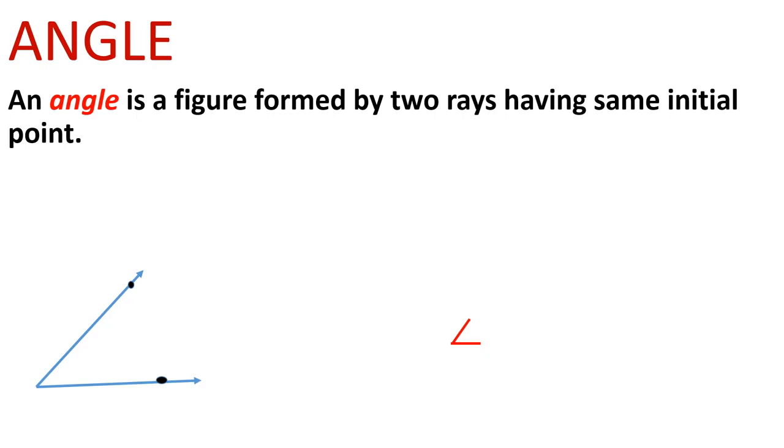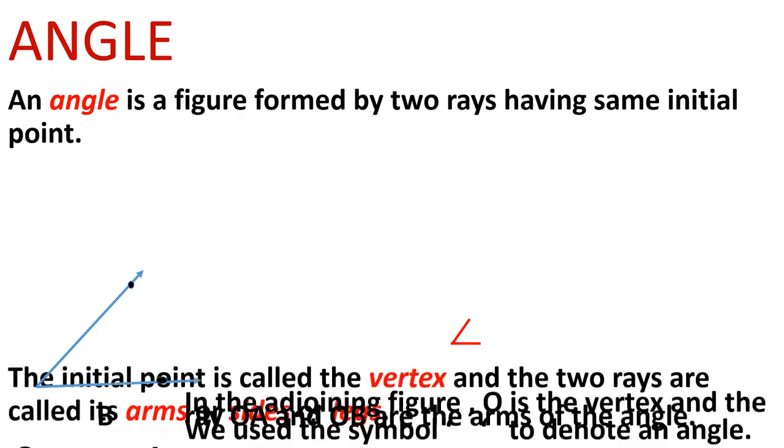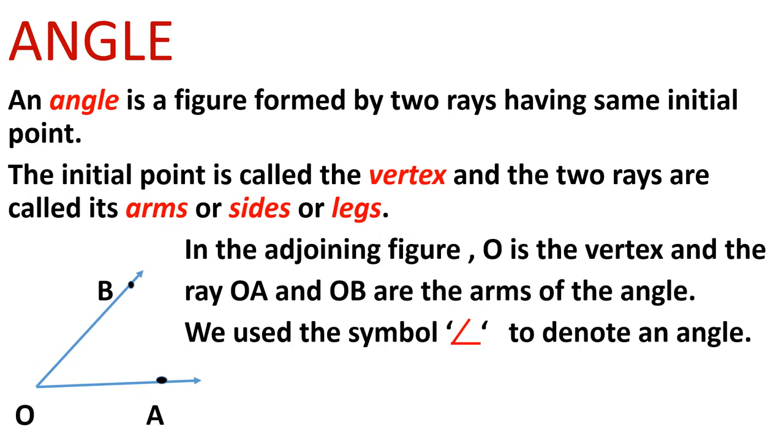There are two rays to make an angle, having the same initial point. The starting point of those two rays is the same. That initial point is called the vertex, or we can say corner.